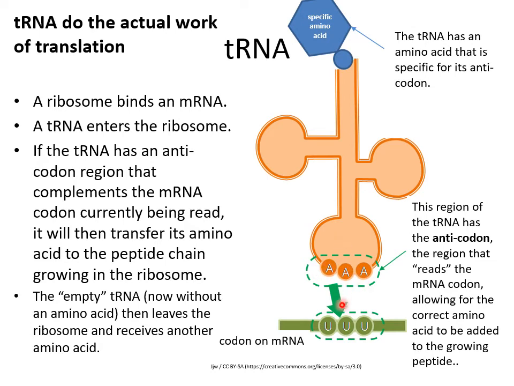This tRNA will be able to interact with this codon, which means that this amino acid will be able to transfer to the peptide. And then after this happens, the tRNA moves to the E site and then exits the ribosome.